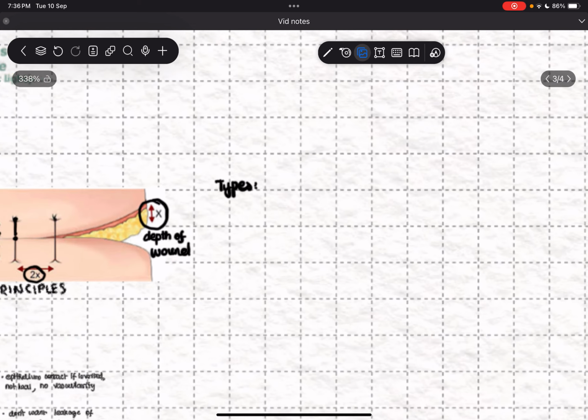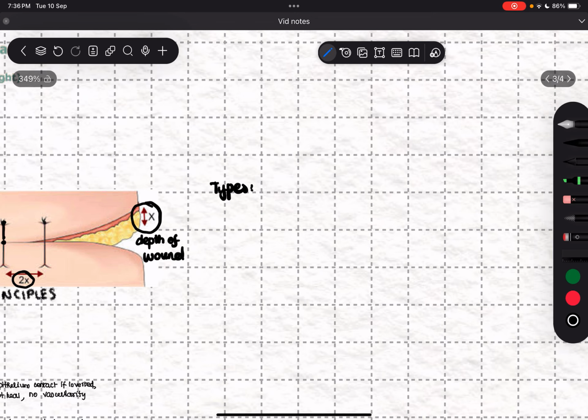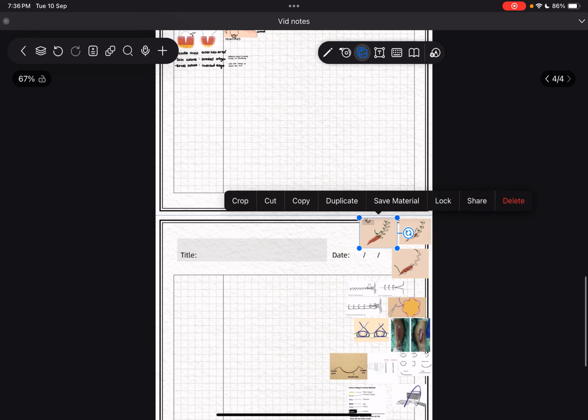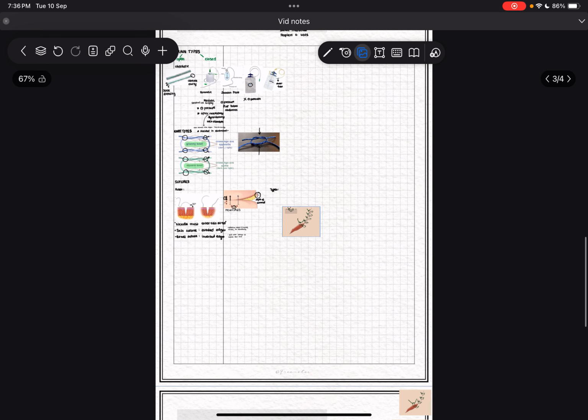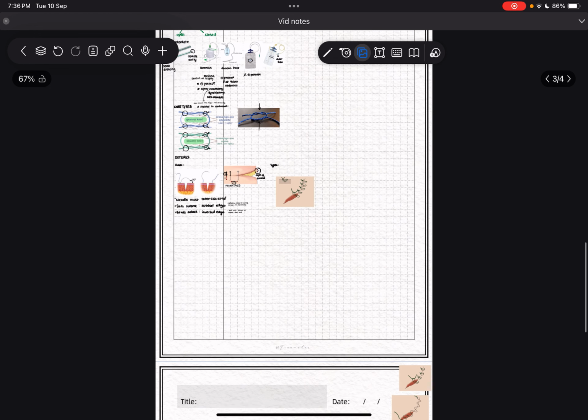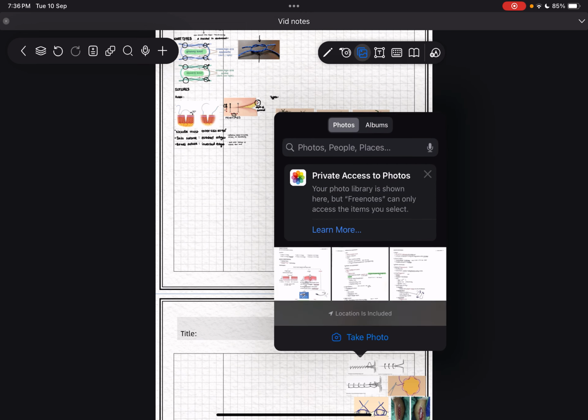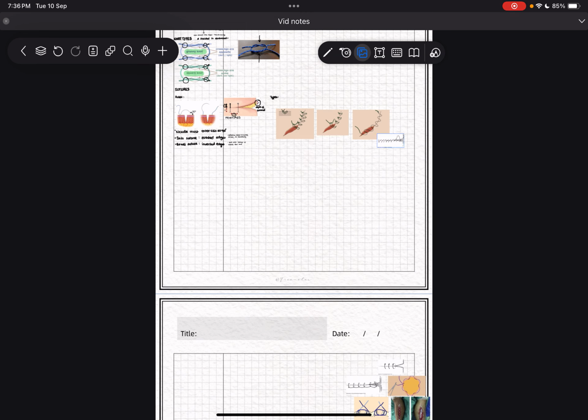This one shows a simple suture. Mattress sutures are these. Then this is a subcuticular suture. After subcuticular, we have the rest other kinds of sutures.